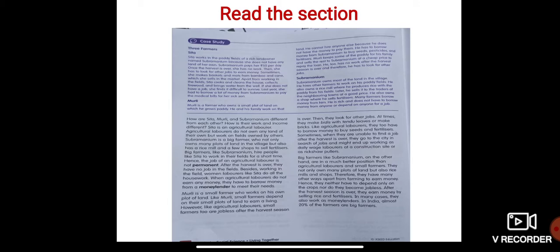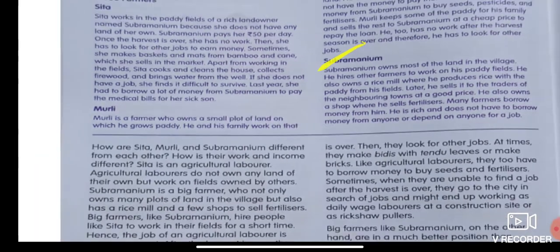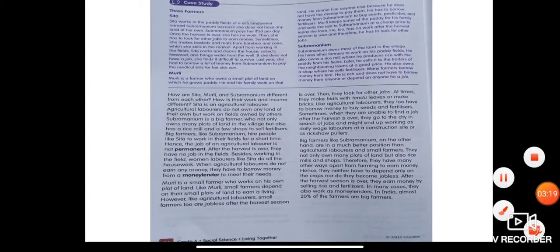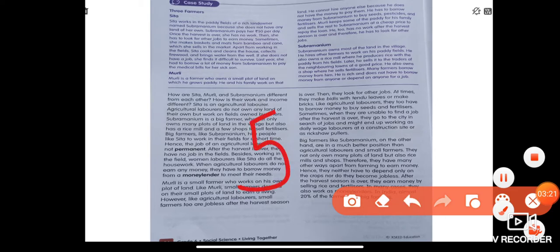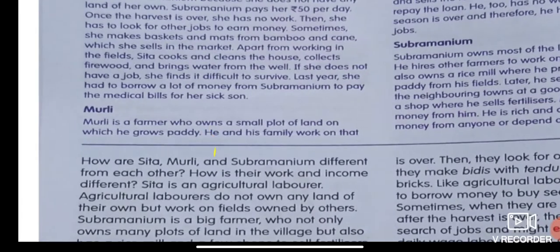Before that, we will read the passage Three Farmers. I'll read it for you. You will find it in your content book on page 54, so you can take out your textbook and read for yourself as well.